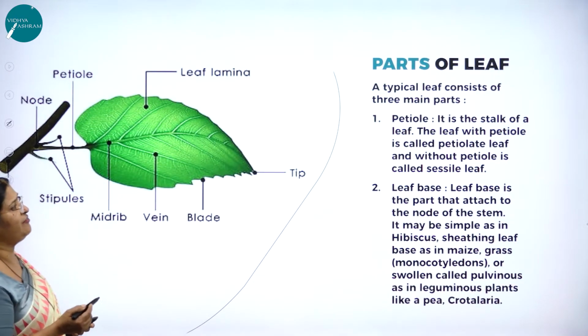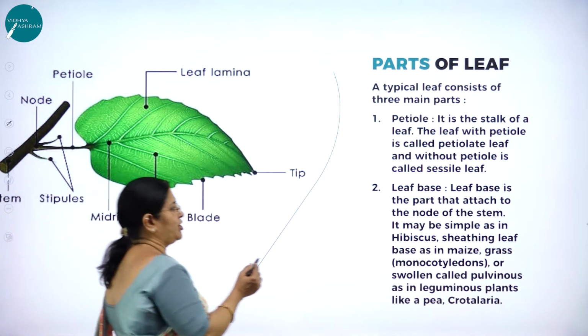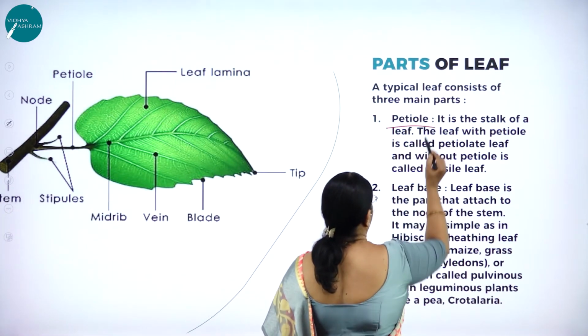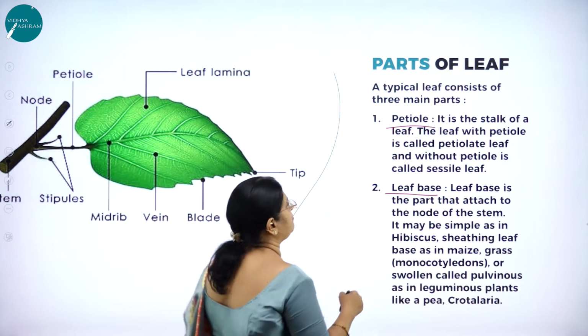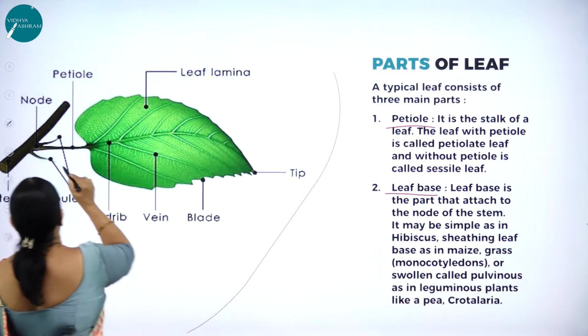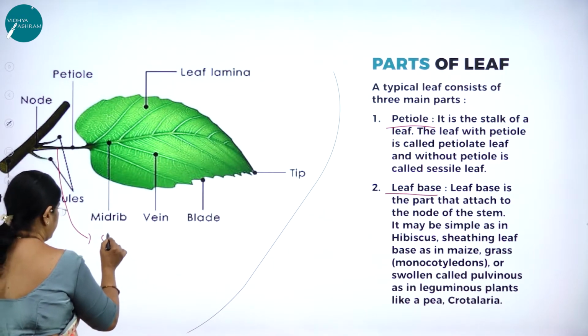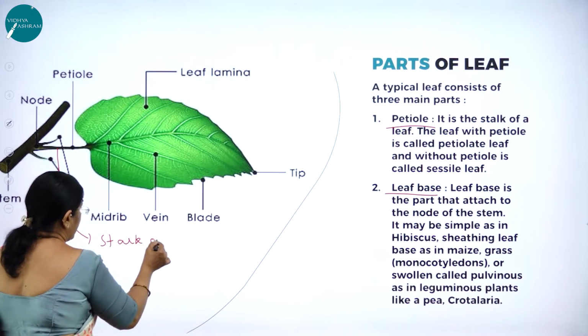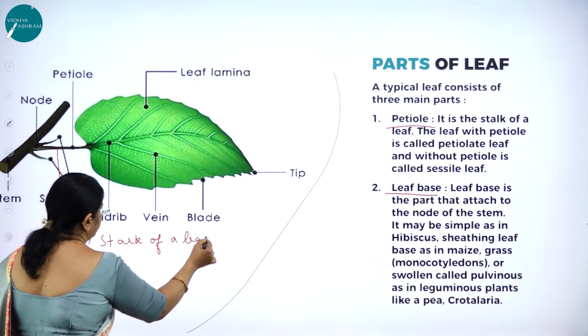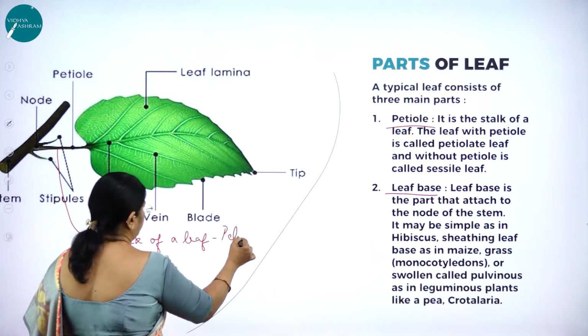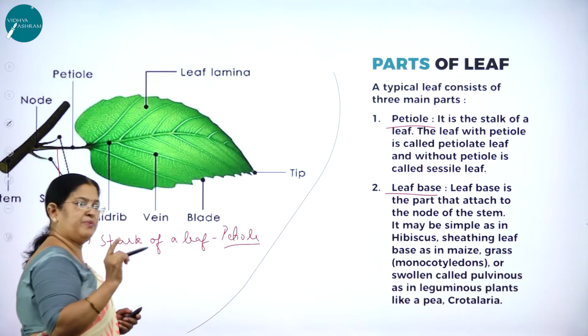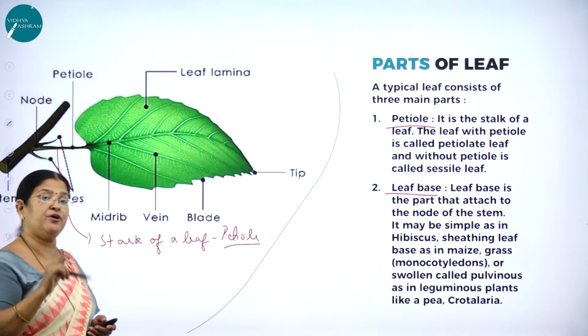A typical leaf consists of three main parts. What are the three main parts? That is petiole, leaf base and leaf lamina. What is petiole? The stalk of a leaf is called petiole, and such leaves which have a petiole are called petiolate.